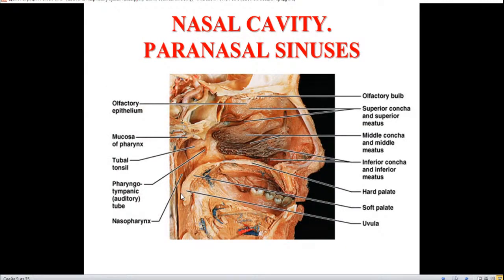So after the external nose we have the nasal cavity. The nasal cavity is a structure in the region of the facial skull whose function is to conduct the air, humidify it, warm it, moisten it, and receive smells.